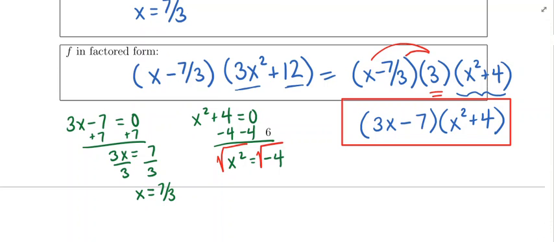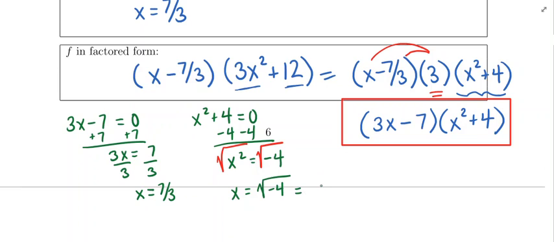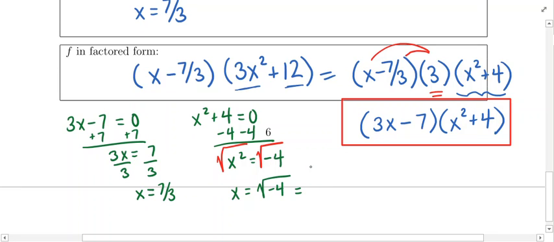The square root of x squared is going to give you x, and then you've got the square root of -4. So this is an imaginary number. We're going to go a little further here because we're going to start working with imaginary numbers more in the next section, but I want you to be prepared for it. We're going to break this down a little further.